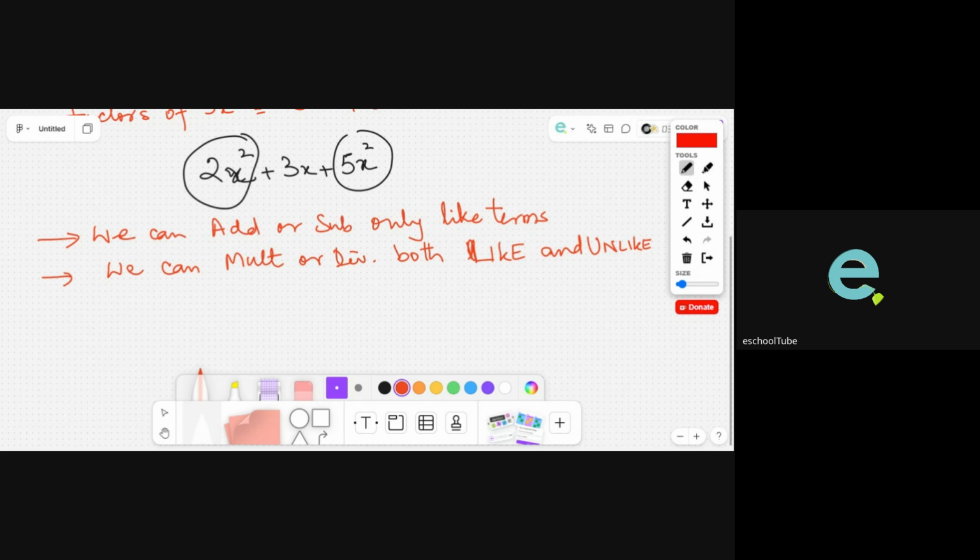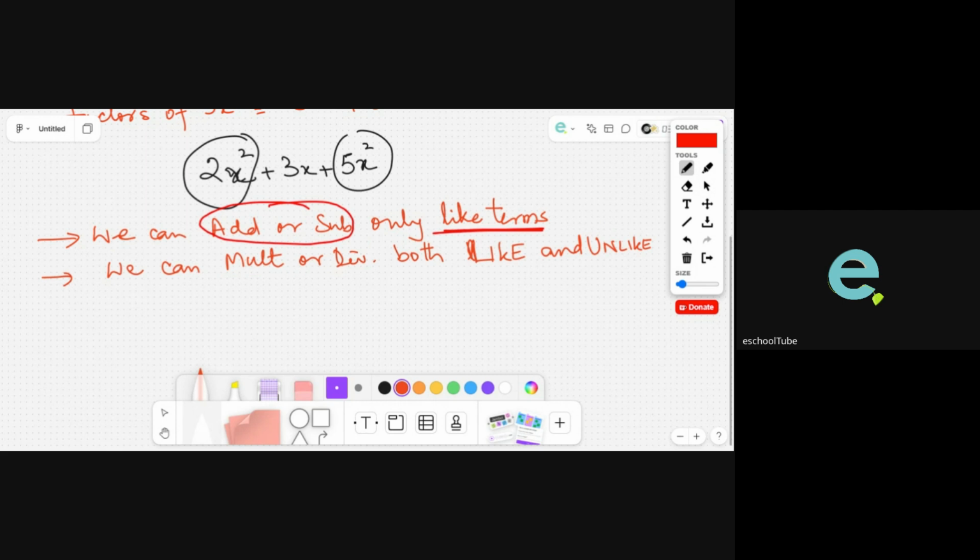When we are multiplying or dividing, ये दो ऑपरेशन, we can multiply or divide like and unlike. But if we do only addition and subtraction, then they have to be only like terms.